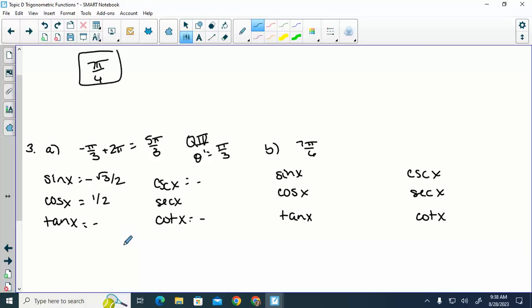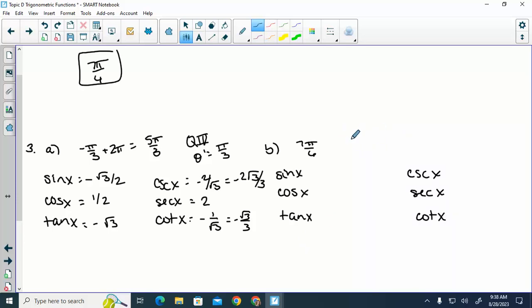Tangent, square root of the top over square root of the bottom. So radical 3 over radical 1 is radical 3. When you have these, you just do reciprocals to get the others. So cosecant's a reciprocal of sine, so you get negative 2 radical 3 over 3. Secant, reciprocal of cosine, you get 2. Cotangent, you would get 1 over radical 3 or negative radical 3 over 3. Is that okay?